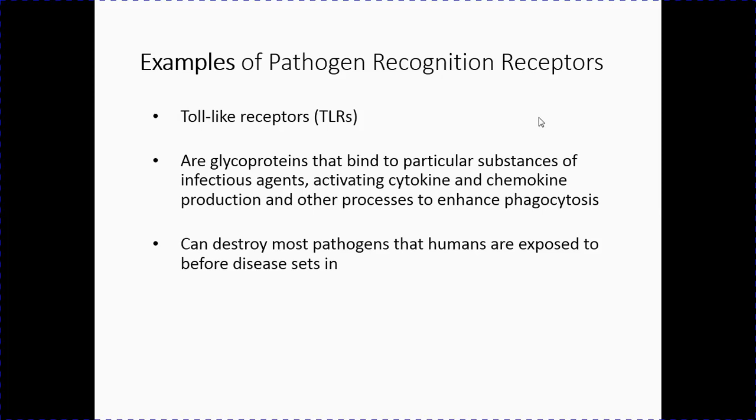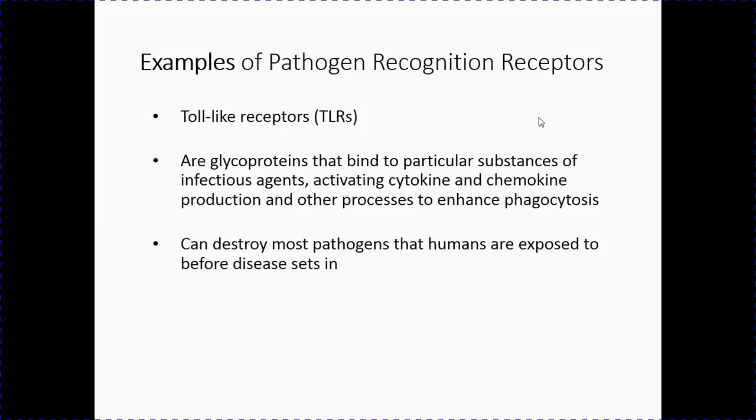So we've established the fact that the immune system uses these pathogen recognition receptors to identify pathogens. And it does that by identifying that unique molecular structure that's only on things that are foreign, only on foreign pathogens, non-self.